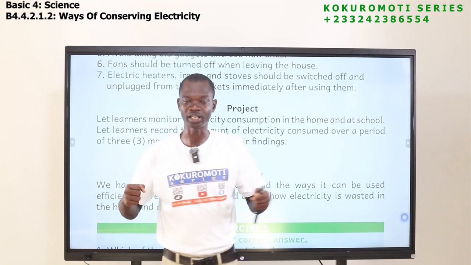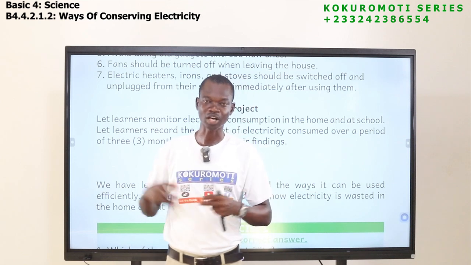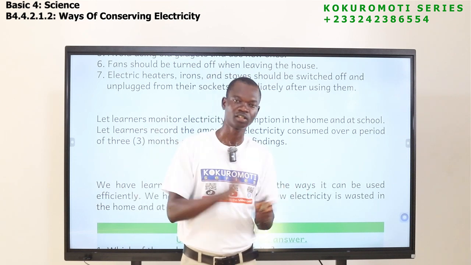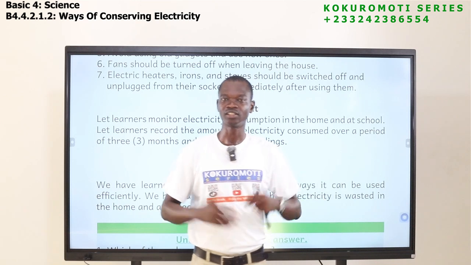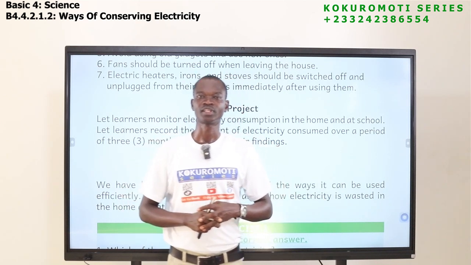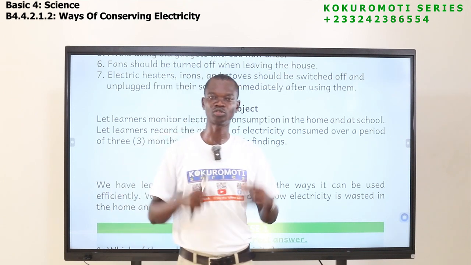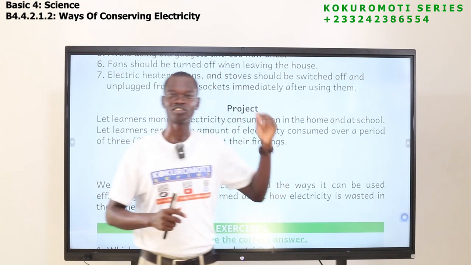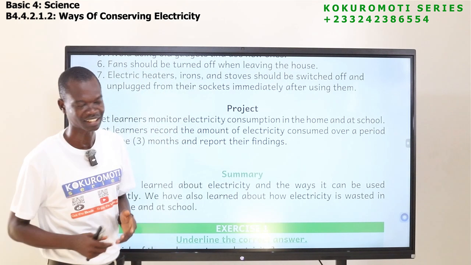If you open the fridge door, after you have taken the thing out, or after you have put the thing inside, close it. Do not overcharge your mobile phone. Do not overcharge your laptops. We have learned so many things. Take your time, go through the notes, and you understand. You can watch the video again, go through the textbook, you understand everything.